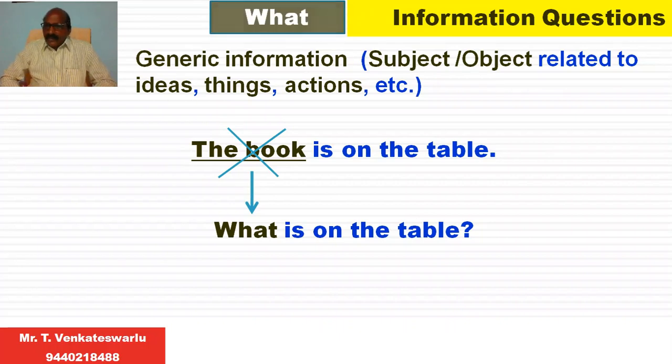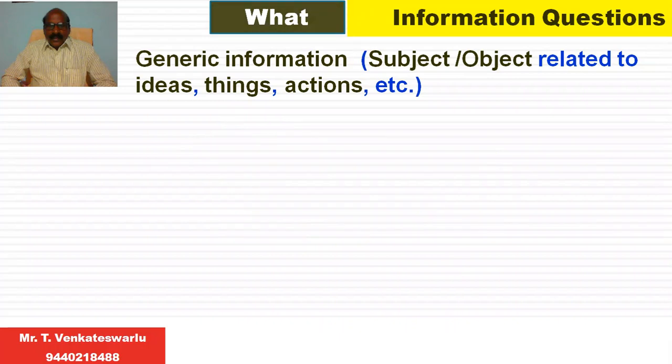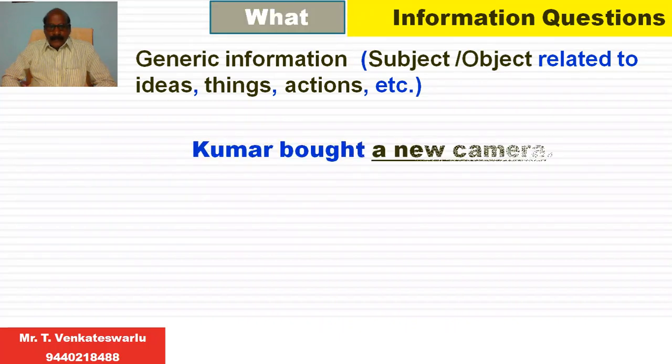What is on the table? And next example, Kumar bought a new camera, and in the given sentence, a new camera is the object. Whether the underlined part is the subject or the object, here it is related to a thing.